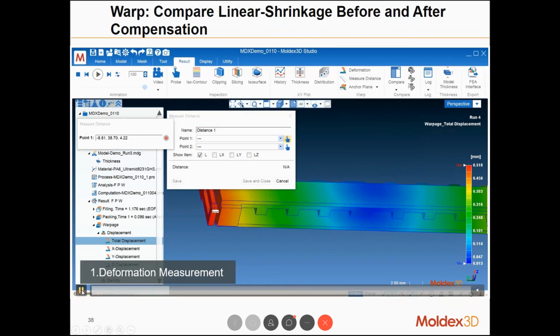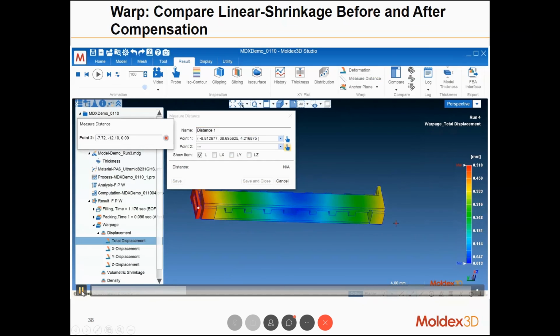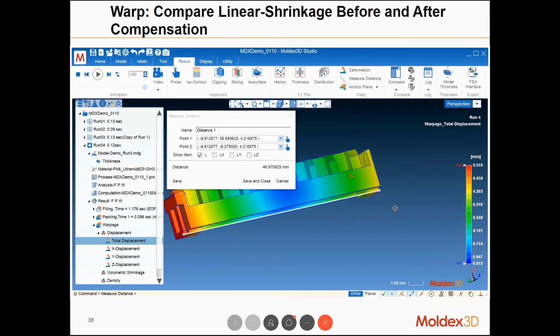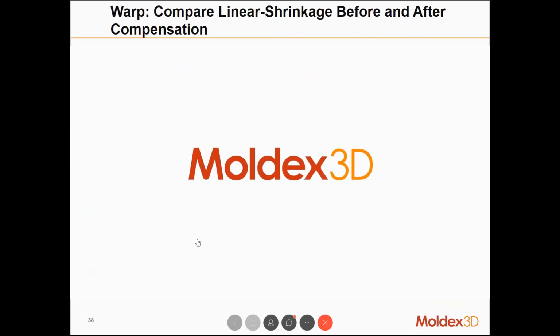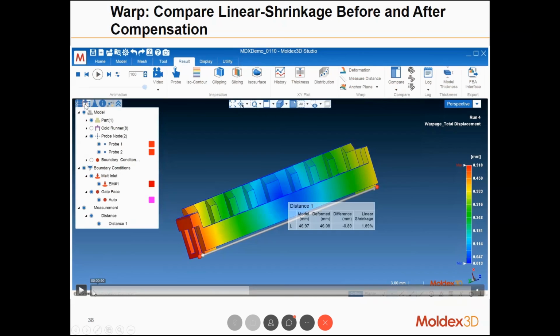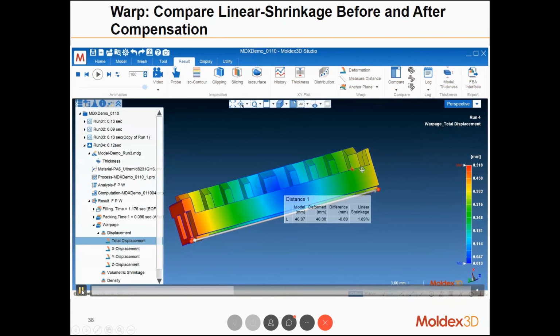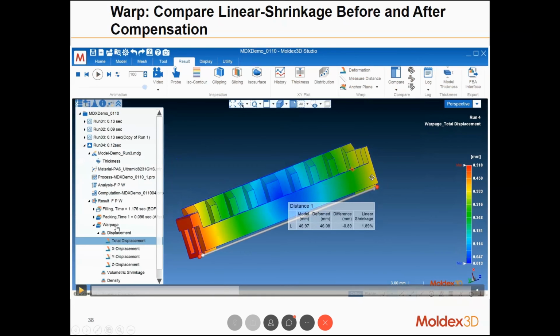So the first thing you have to do is turn on the measure distance here, and measure the direction you want. Okay, so in this example, the linear shrinkage is about 1.9% along the y direction.